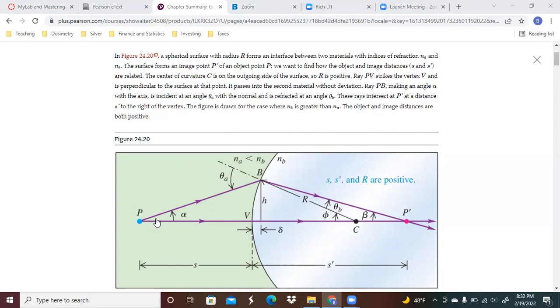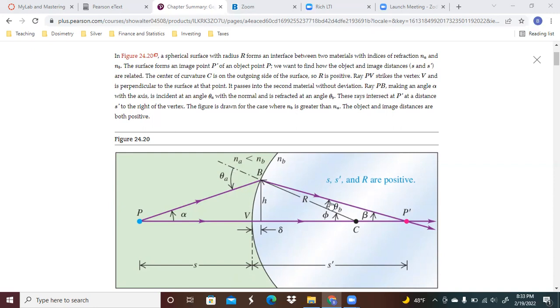Ray PV strikes the vertex V and is perpendicular to the surface at that point, so it passes into the second material without deviation. Ray PB, making an angle alpha with the axis, is incident at an angle theta sub A with the normal, the normal being perpendicular to the surface here, and it's refracted at angle theta sub B. So it comes in here, we've got a normal to the surface, and it is coming in at this particular angle.